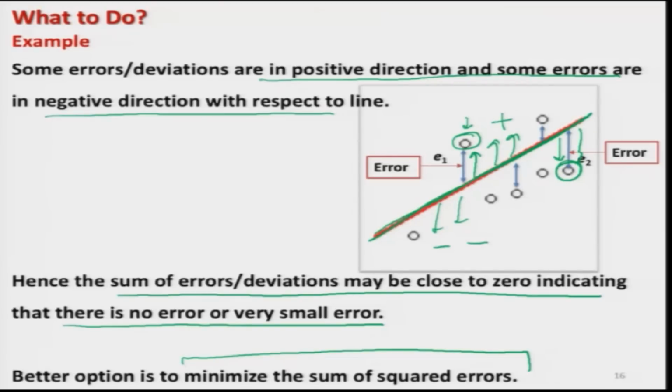That is a better option, just due to mathematical simplicity; in this case I can find clear-cut expressions for the values of alpha and beta. Taking absolute values is also possible, but I am not discussing that in this lecture.